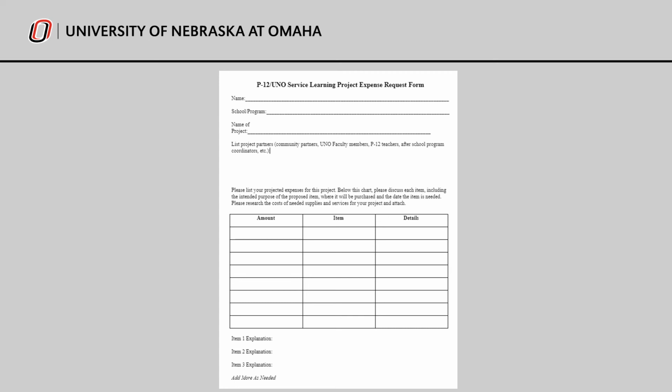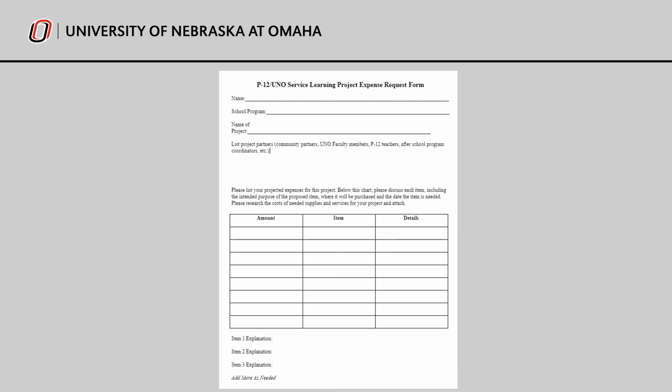So for example, if you need supplies purchased for this project, such as paper or paints, or you're creating a booklet for an organization, write down the potential amount that you may be spending on this document. For example, if you need a bus when we are all together, that is something that the Service Learning Academy can assist with paying for.